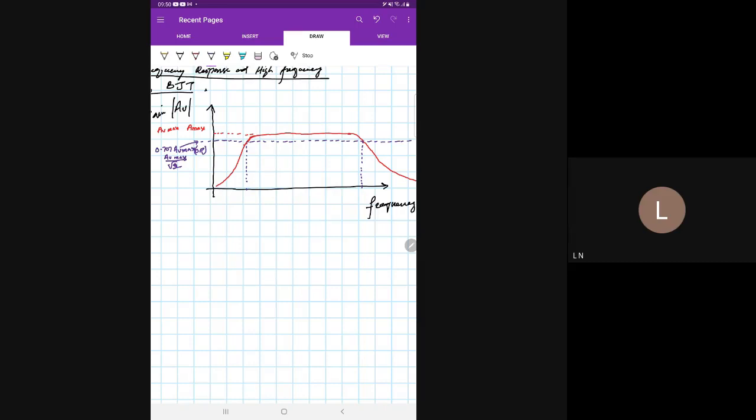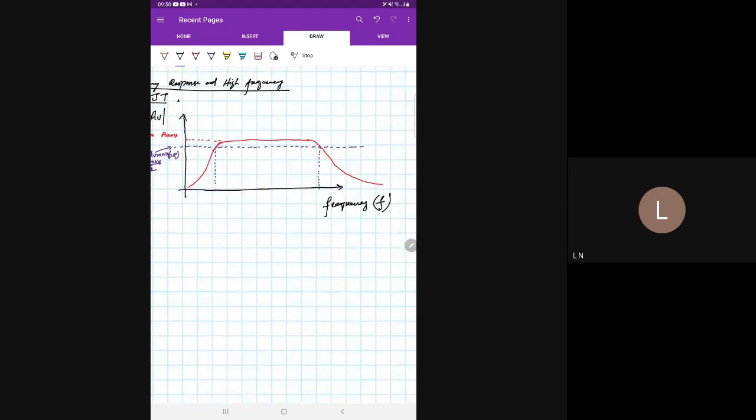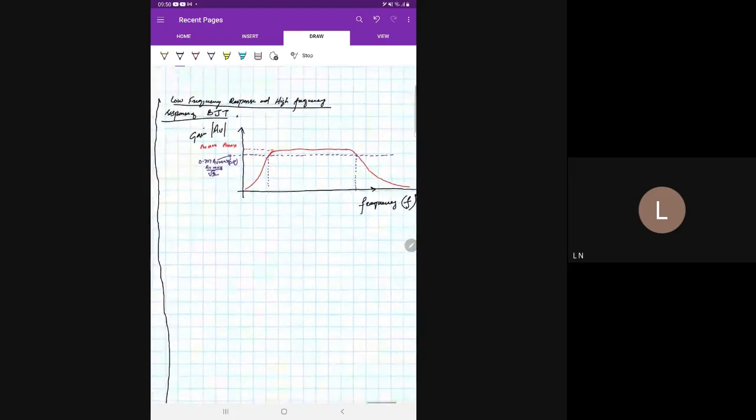The maximum gain from this gain versus frequency response is AV max. If we decrease the frequency below a certain cutoff frequency, for example this is FL, which means lower cutoff frequency.